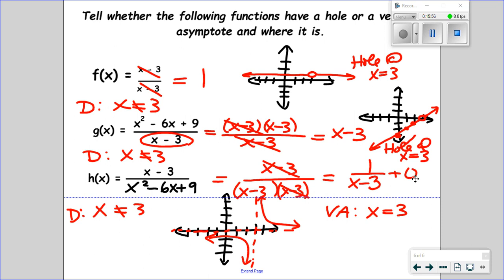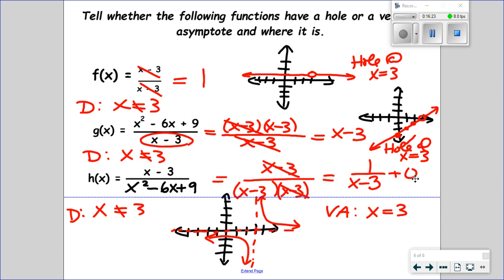So what's the takeaway here? The takeaway is that you're going to have a hole in the graph anytime you have factors that are the same in the numerator and the denominator. If you have factors the same, top and bottom, and you can simplify those factors, then that creates a hole in the graph.